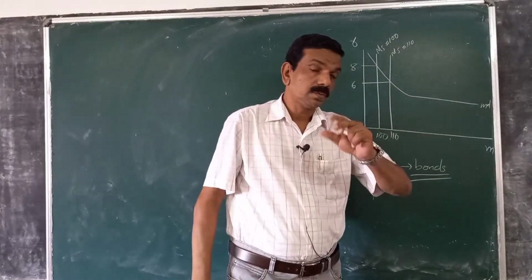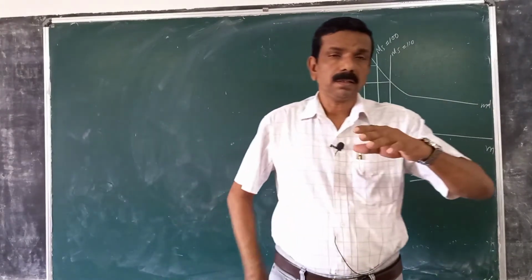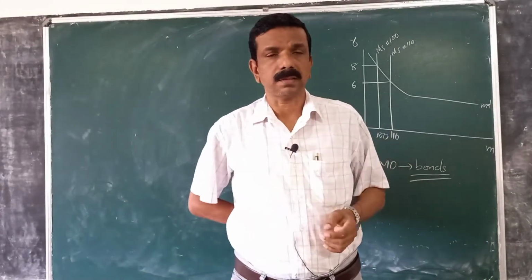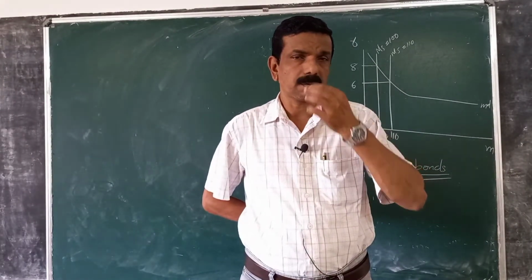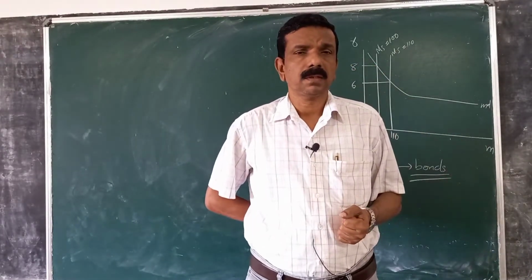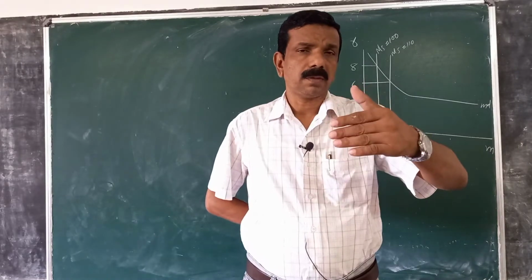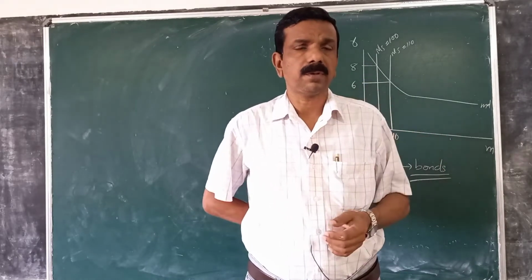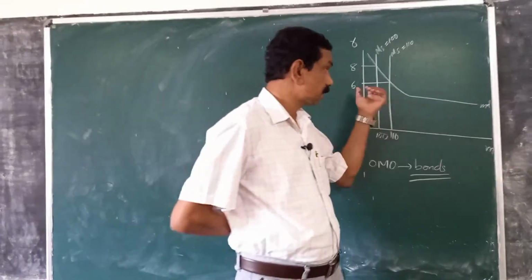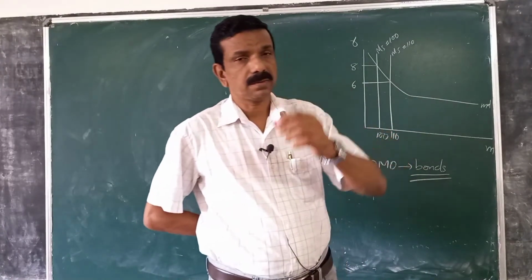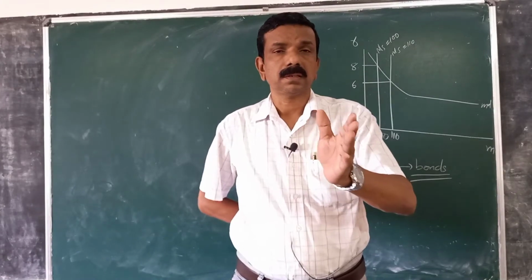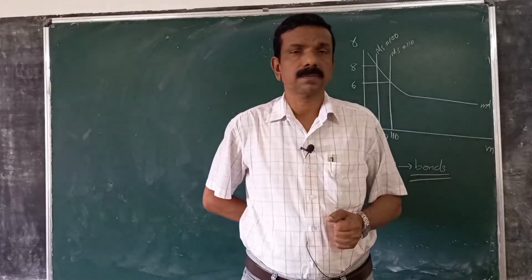We can interpret this in two ways. Central bank can offer a high price for bonds and it reduces the interest rate. Or we can say that in a competitive economy, when the central bank enters the market to purchase bonds, the demand for bonds increases relative to the supply of bonds, so that the price of bonds will increase and it reduces the rate of interest, because we have discussed earlier that there is an inverse relationship between the price of bonds and the interest rate.